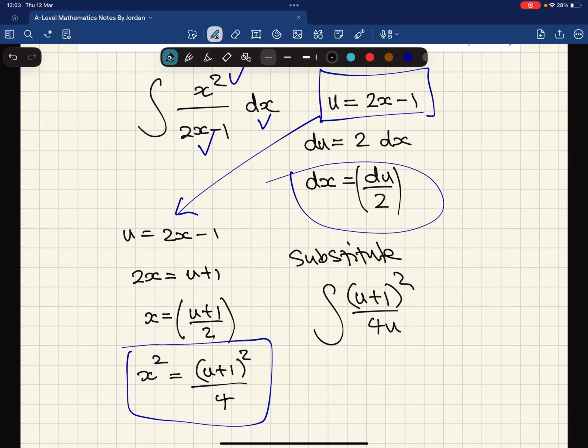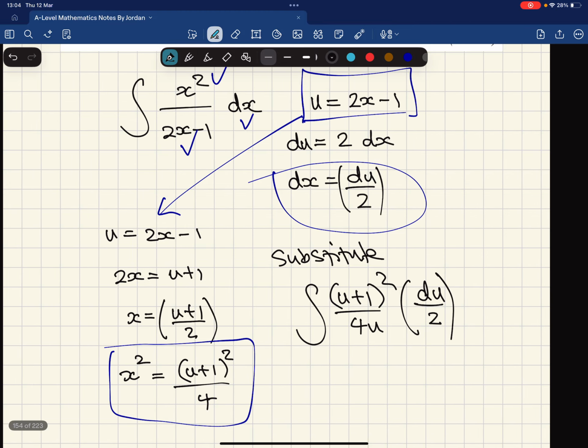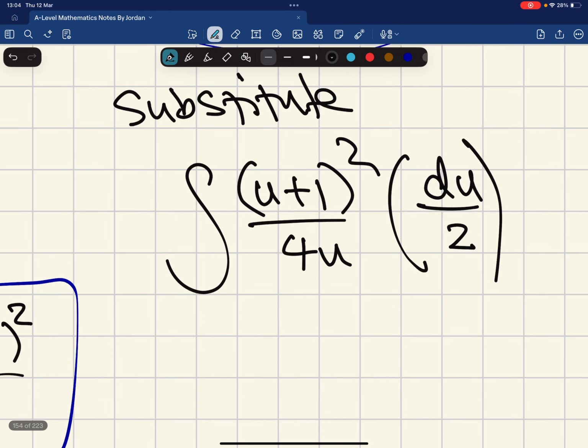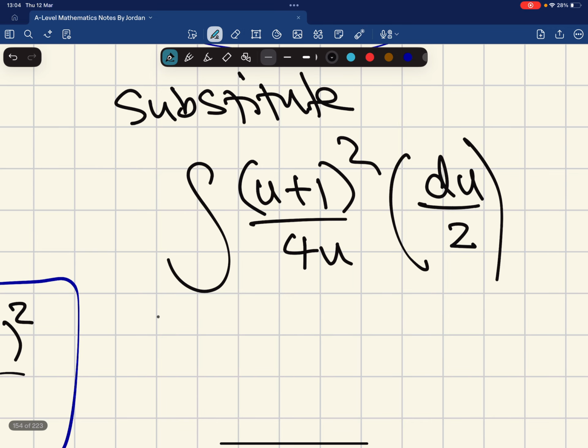Okay. Next thing is to sort out the dx. So we have the substitution there for dx, which is du over 2. Right. And let's simplify.